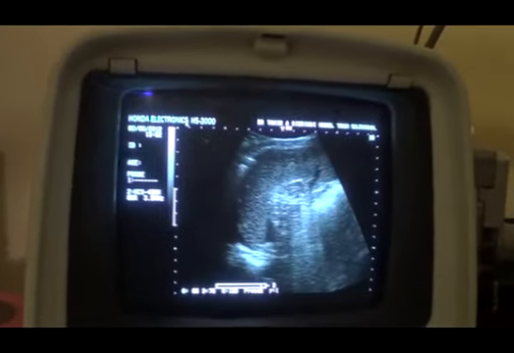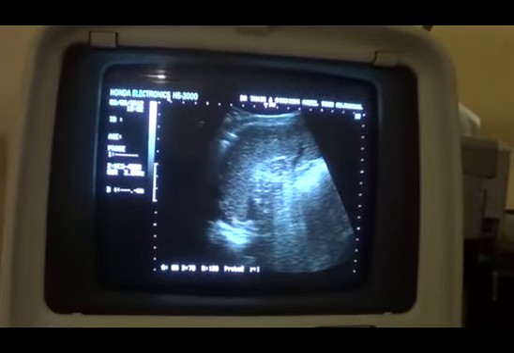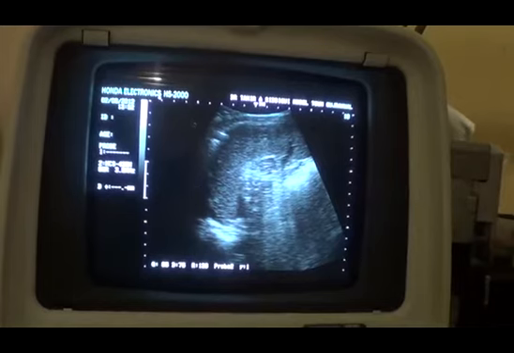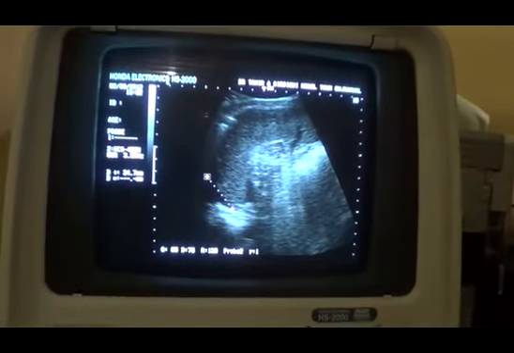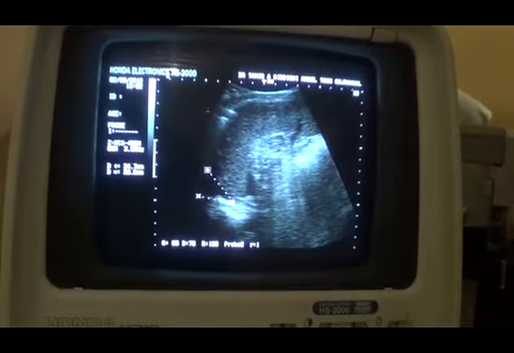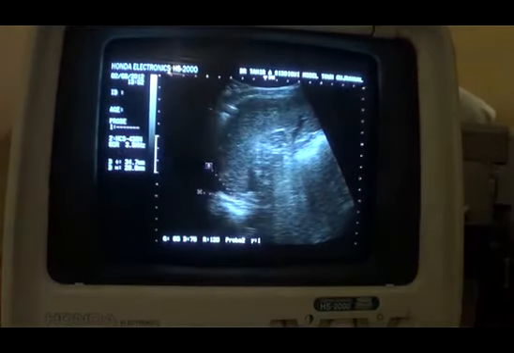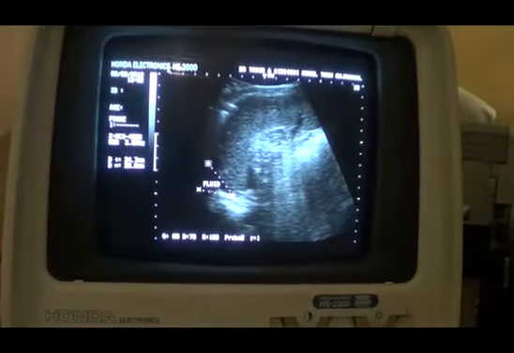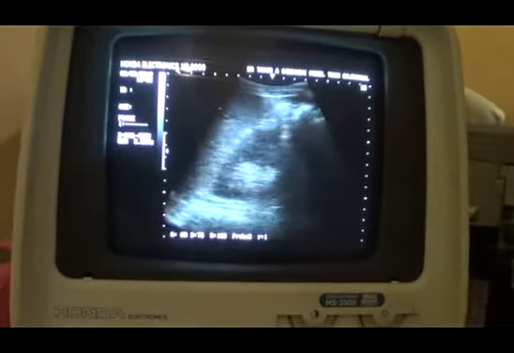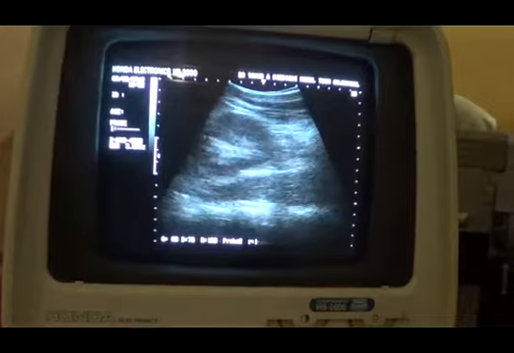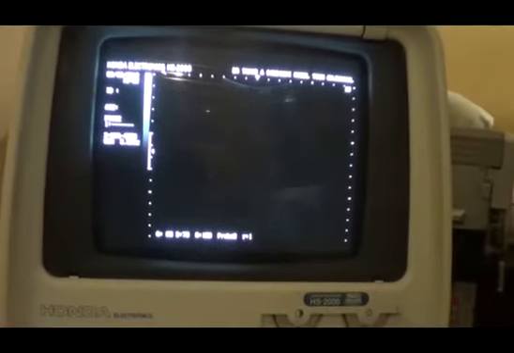This is a very small amount of fluid in the left pleural space from this view. This is the fluid in the pleural space. A minimal amount of fluid is seen in the pleural space. The kidney is normal. The left kidney is okay.